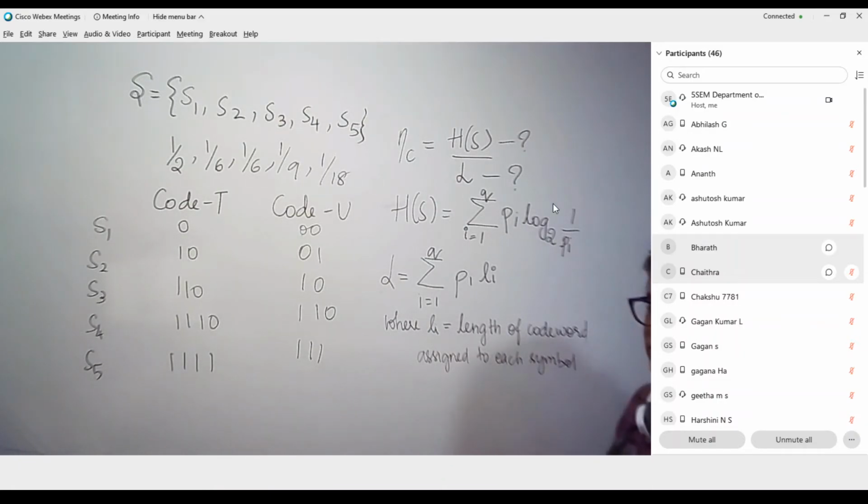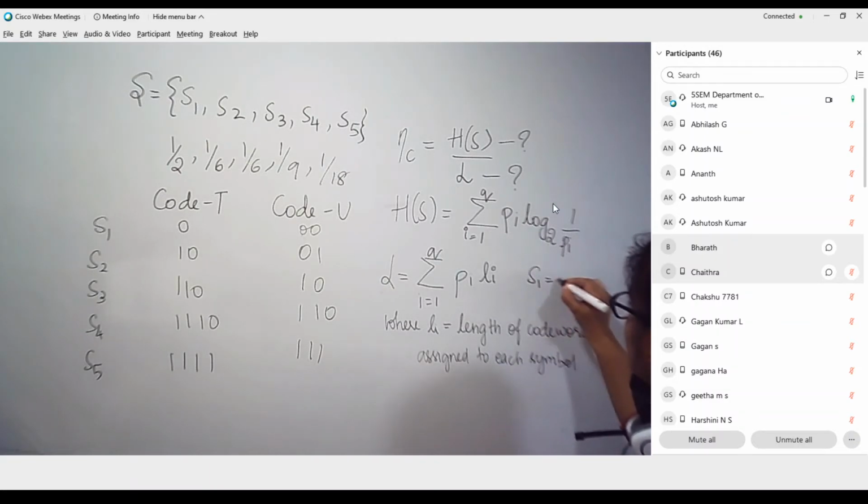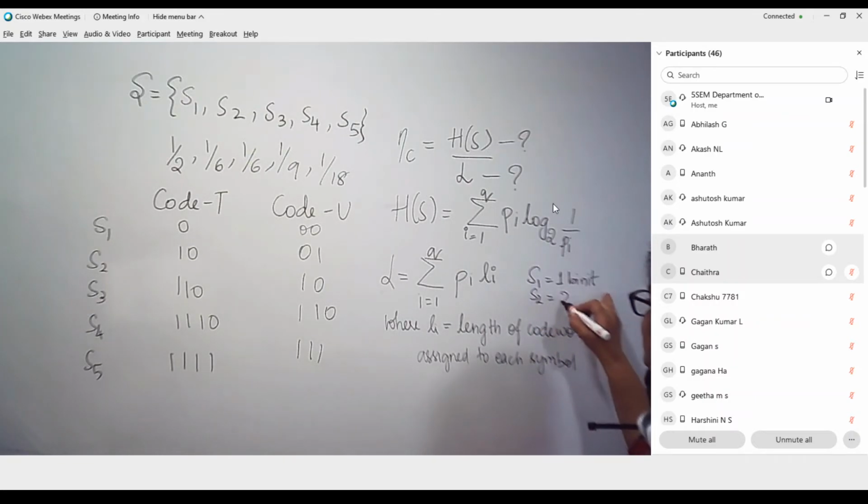So in case 1, for code T, S1 has a length equal to 1 binit, S2 has a length equal to 2 binits, S3 has 3 binits, and S4 and S5 have 4 binits.